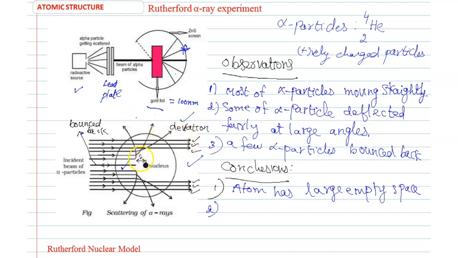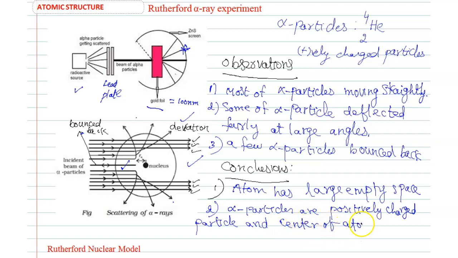Because alpha particles are positively charged particles, and the center of the atom, the nucleus, also has positive charge.